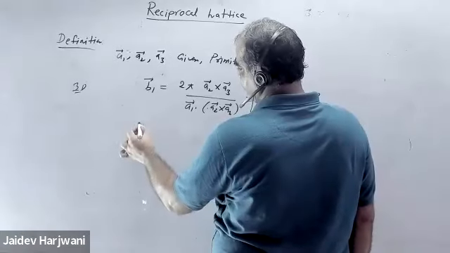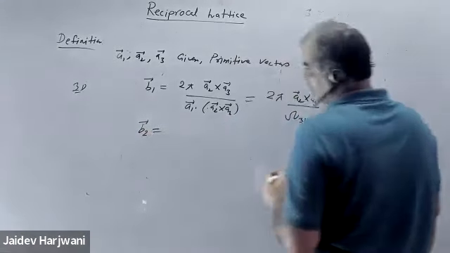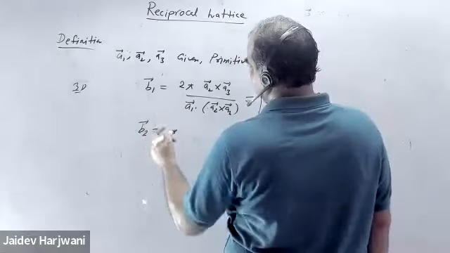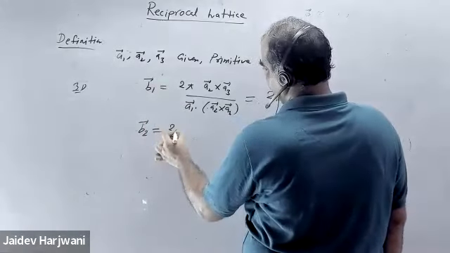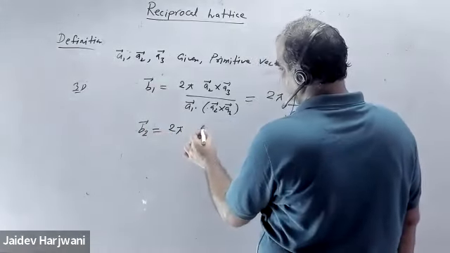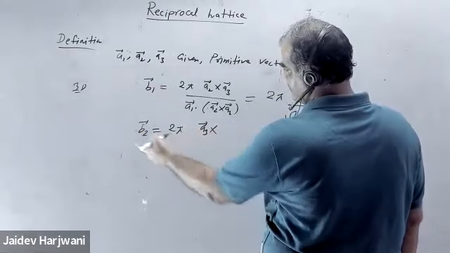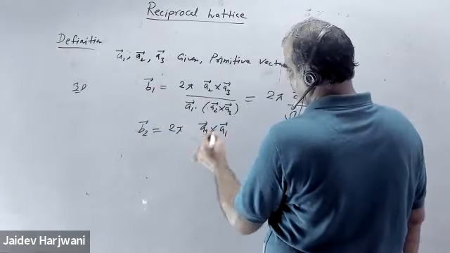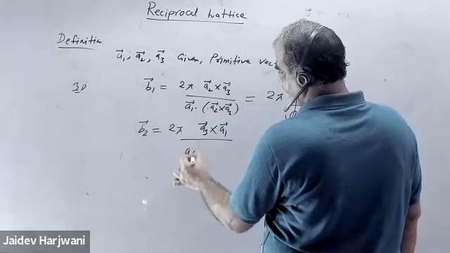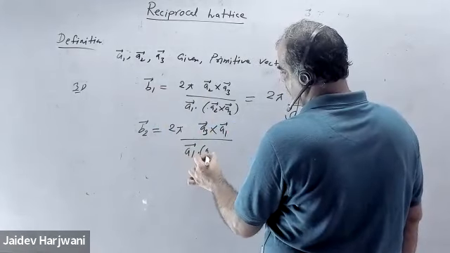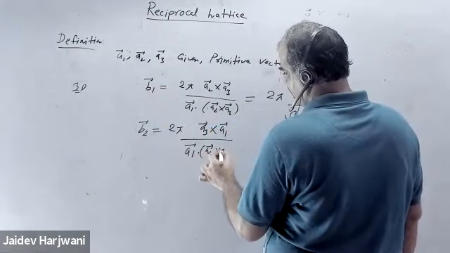Similarly, if I want to calculate b2, the primitive lattice vector of the reciprocal lattice, I can write 2π, a3 × a1 in cyclic order, and again divide by the volume a1 · (a2 × a3).